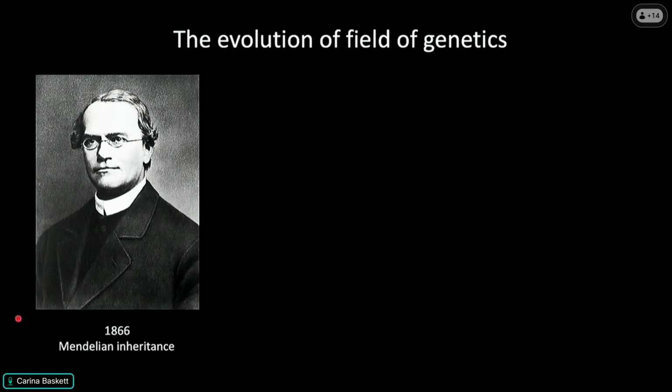So I've understood that all of us here are population geneticists or population genomicists. So I guess you more or less have an idea of how the field of genetics has evolved. It started at the end of the 19th century when Gregor Mendel came up with the idea of Mendelian inheritance and how different variants can be inherited from parents to offspring.